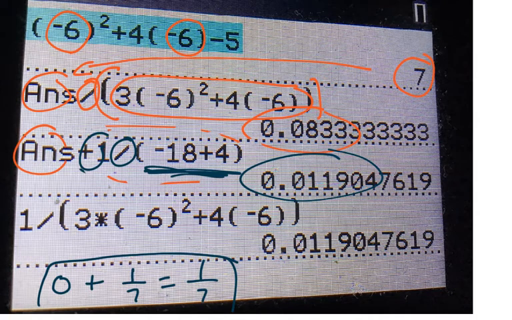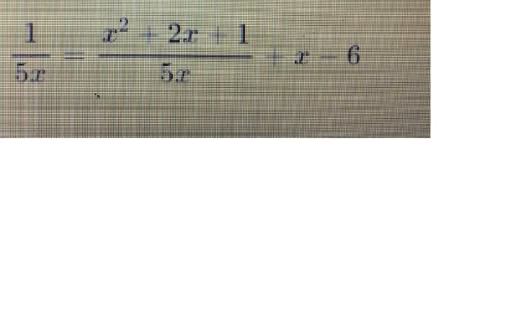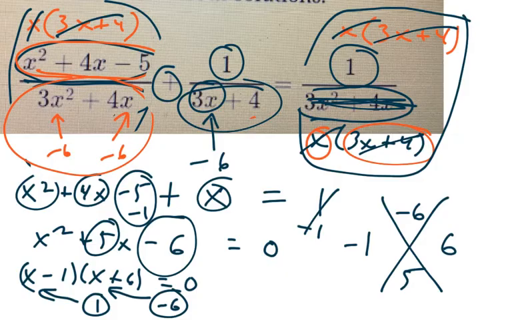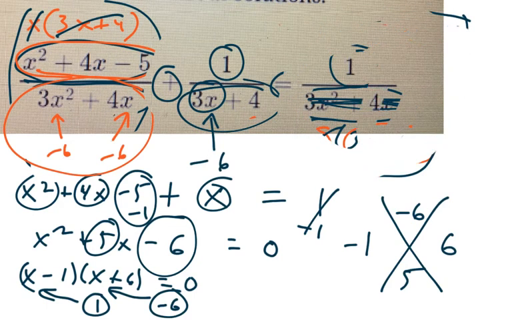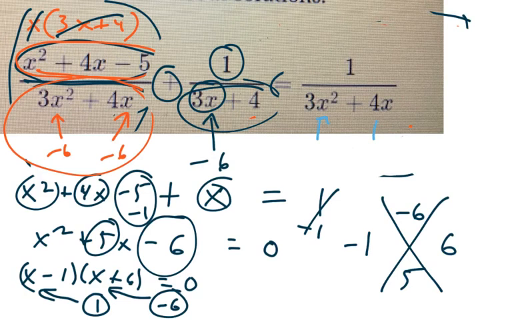Now let's plug in the negative 6 here and here on the right side. Wrong way, sorry about that. So what I did was, of course, plugged in negative 6 right here and right here. So 1 divided by that right there.